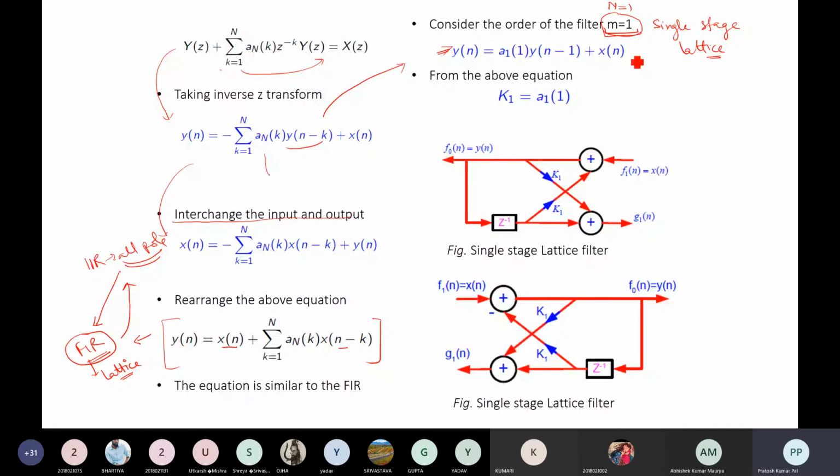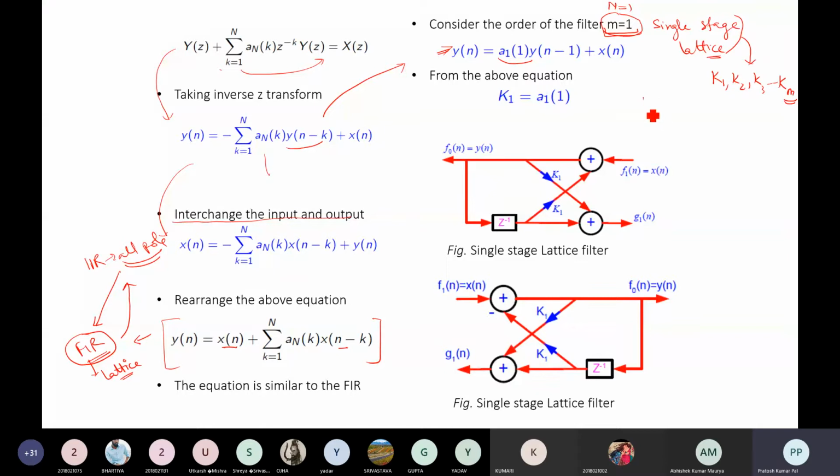Okay, so from there we will be getting this k1 value. While realizing any given function using the lattice structure, we need to find out the k values, k1, k2, k3 up to km, based on the order of the filter. Once we know the km value, we can directly go through the lattice realization.